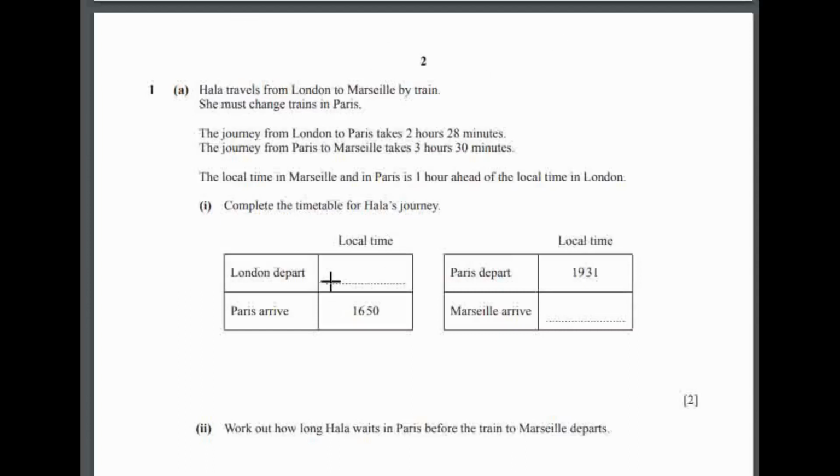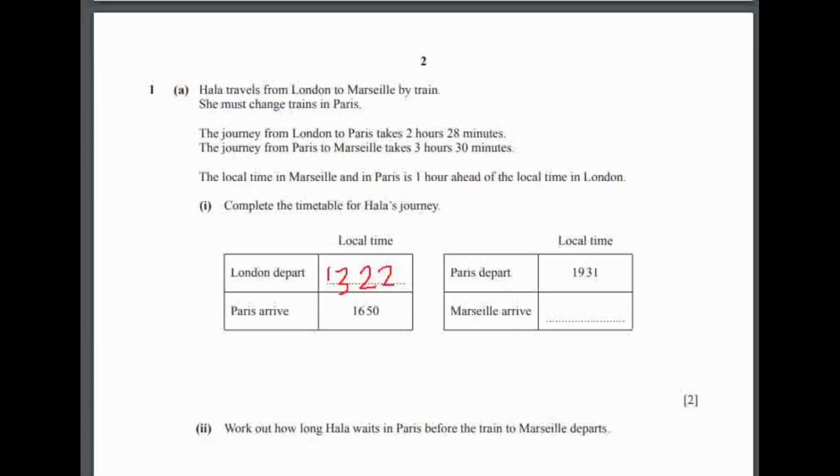We put 1322 here. This is how you solve the time question.